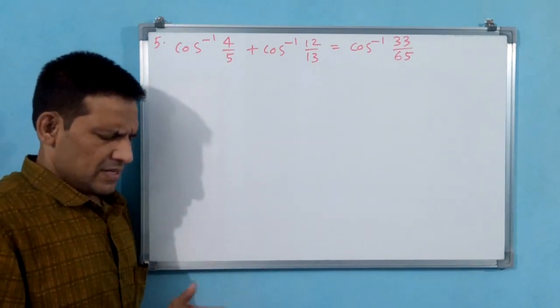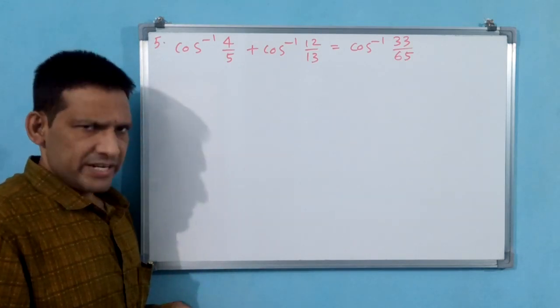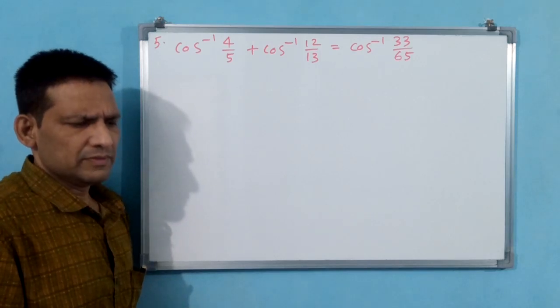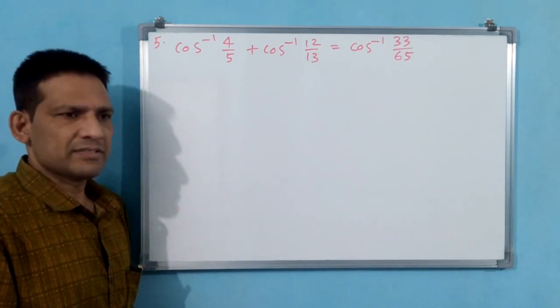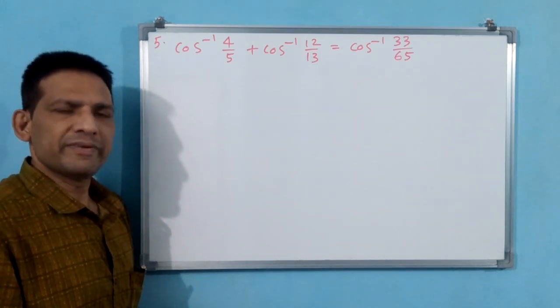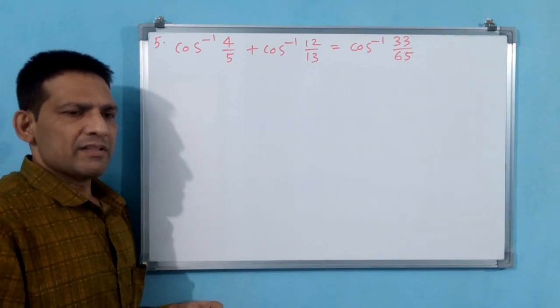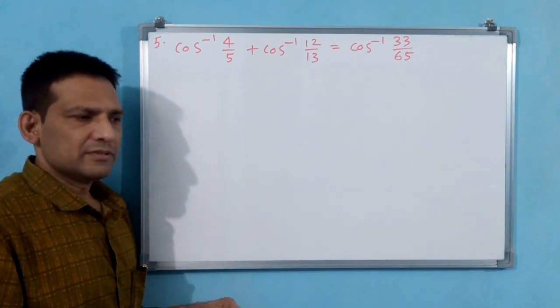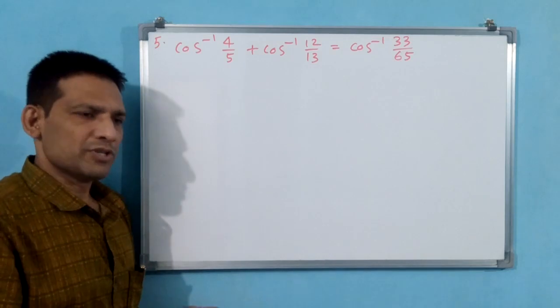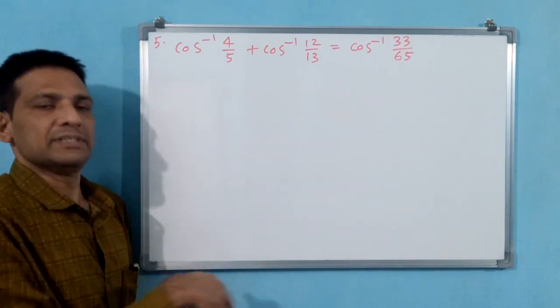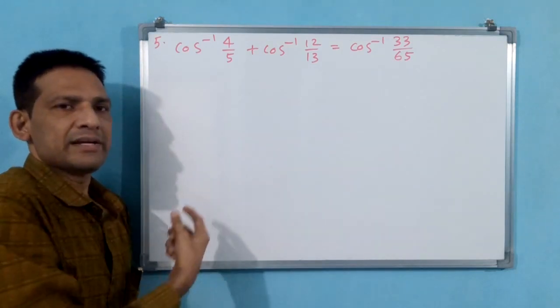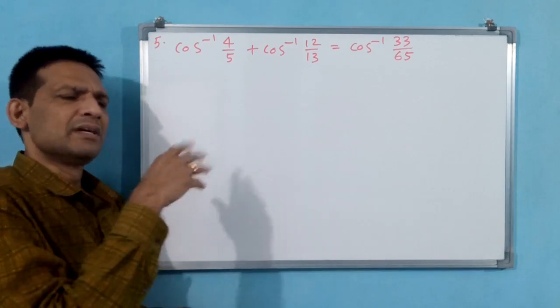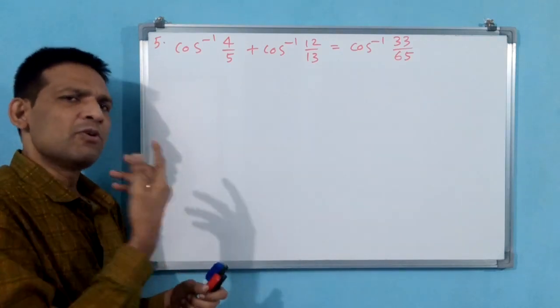Every college, every state, every school has different lecturers, junior lecturers or teachers, and they will tell different procedures to solve these questions. My procedure is like this only: right angle triangle, circle diagram. I follow this because if you are conversant with this, all questions you can do.